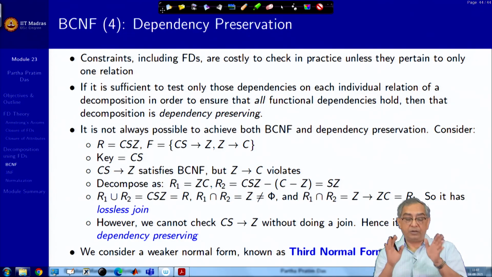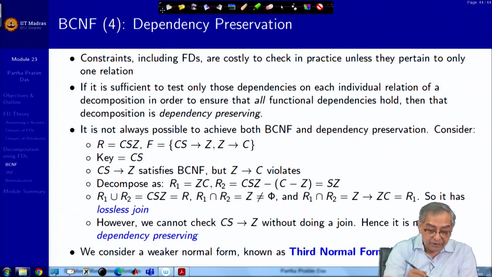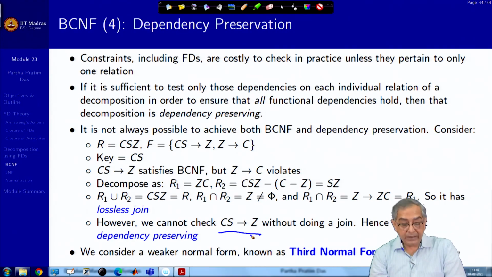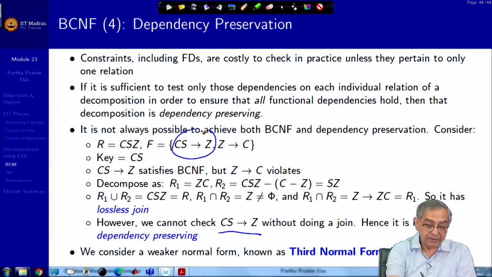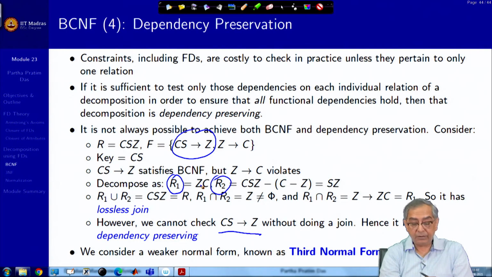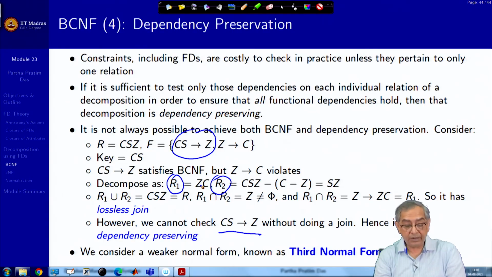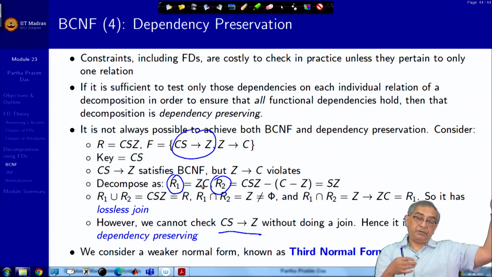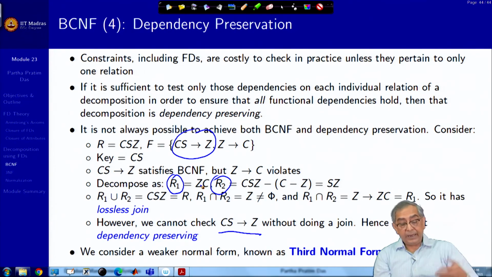However, if you think about CS determining Z, this functional dependency, you cannot check it in R1, neither can you check it in R2, because it involves all the 3 attributes. So, to check it, you will have to make a join of R1 and R2, get back to the original big schema, and only then will you be able to check this dependency.